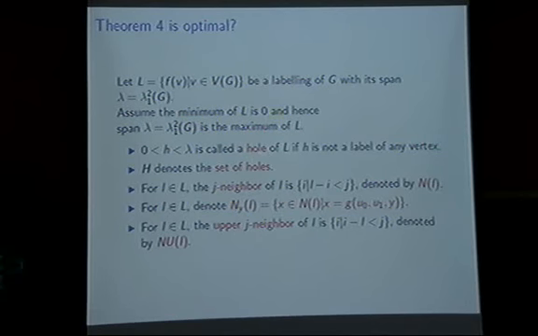Let me say something is a hole if it is a number which is less than lambda, but it's not a label of any vertex. And big H denotes the set of holes. And let me call this one the J neighbor. Actually, this is the down neighbor.